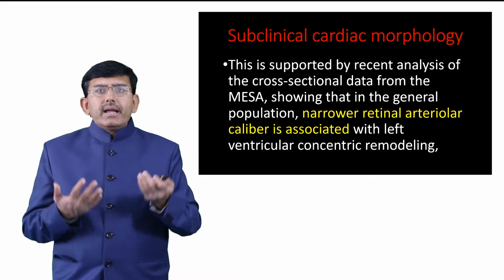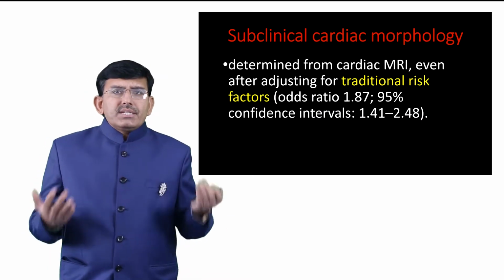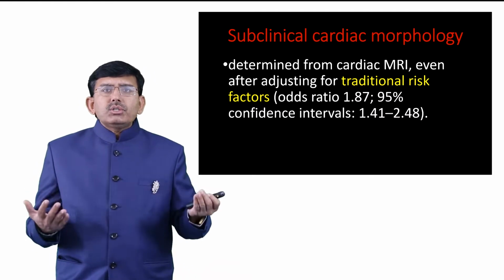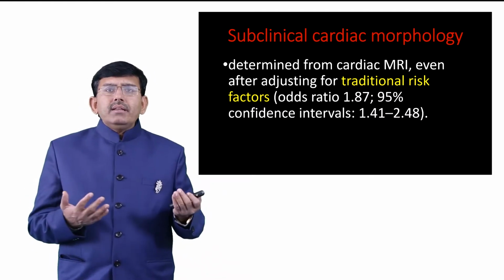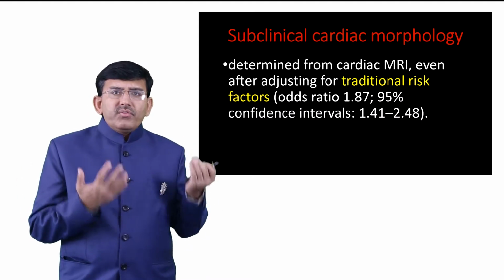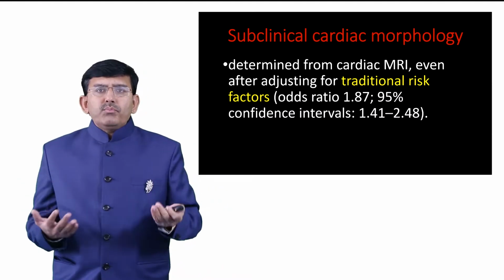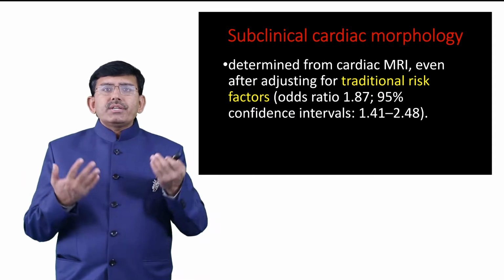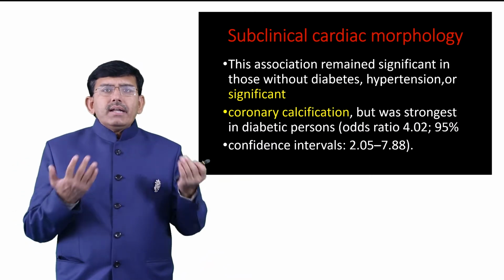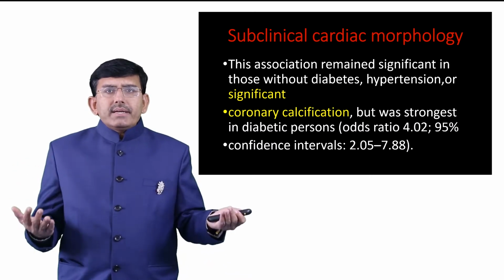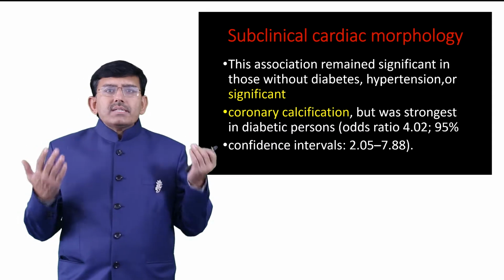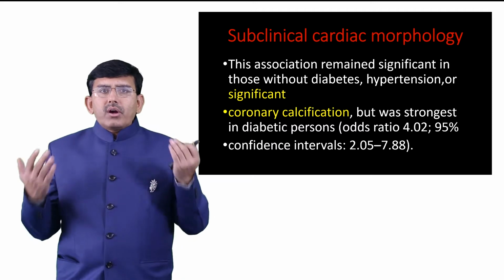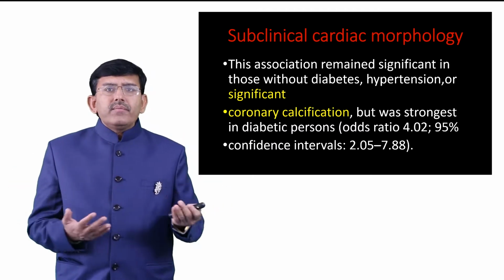This was determined from cardiac MRI even after adjusting for traditional risk factors, odds ratio 1.87, 95% confidence interval 1.41 to 2.48. This association remained significant in those without diabetes, hypertension or significant coronary calcification, but was strongest in diabetic persons.